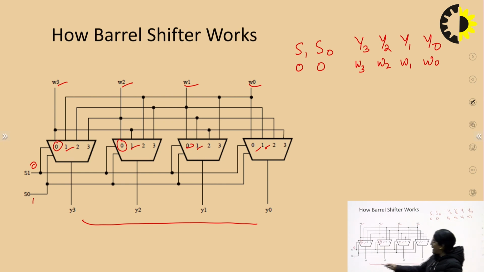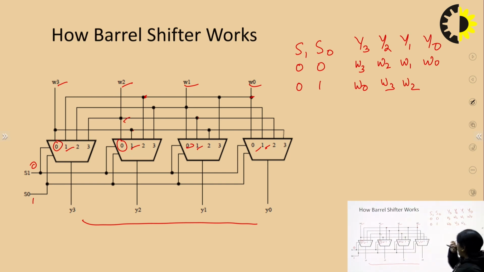Okay. So Y3 is connected to input 1. So here we can see that it is connected to W0. So here for the 0, 1 combination, Y3 will be W0 and Y2 will be W3, Y1 will be W2 and Y0 will be W1.